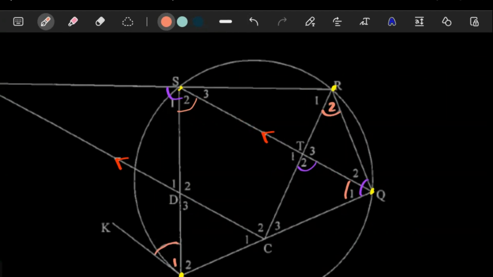S2 is equal to P1 because of alternating angles. But in this cyclic quadrilateral, do we have angles in the same segment over there? I'm only noticing now. No, we don't. Those are not angles in the same segment, even though they're equal. It's clearly just a coincidence.